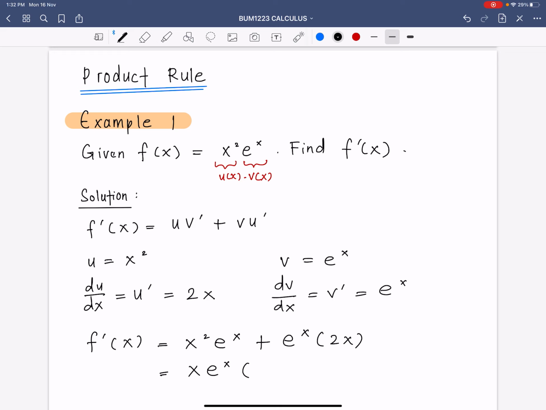Multiplying gives x squared times e to the power of x plus 2 times e to the power of x. We cannot simplify further, therefore this is the answer for the derivative f'(x).